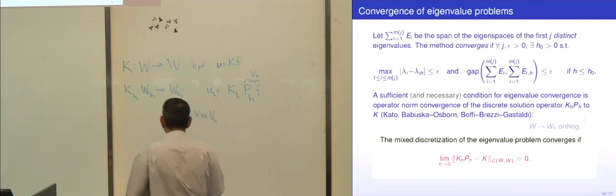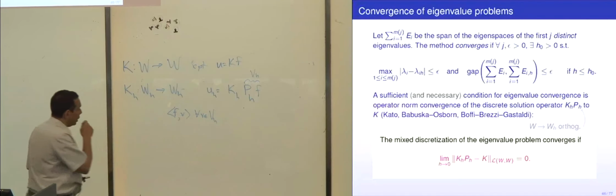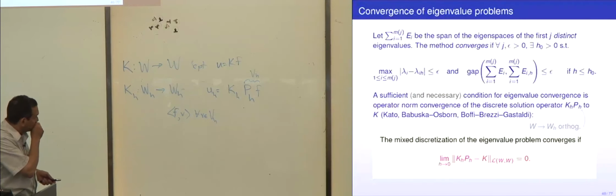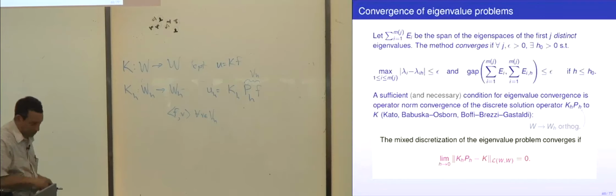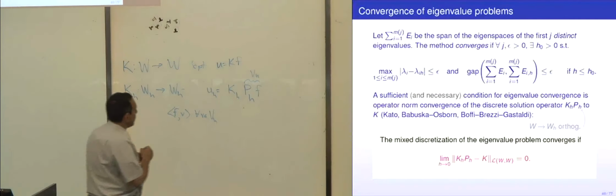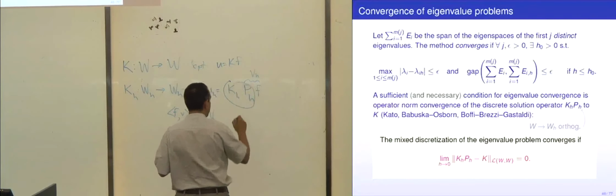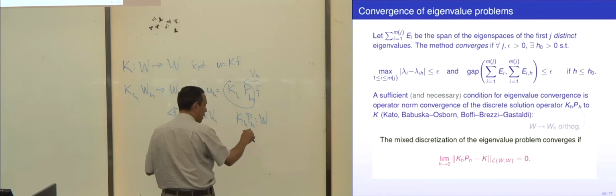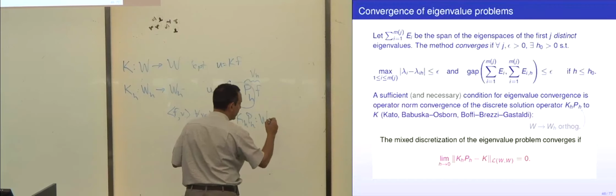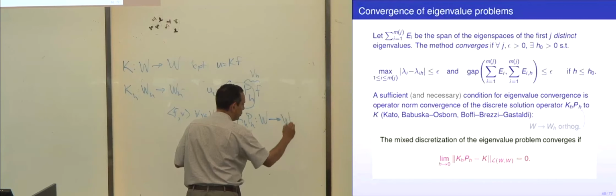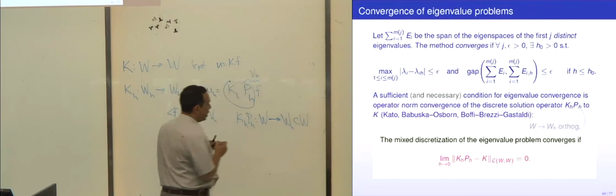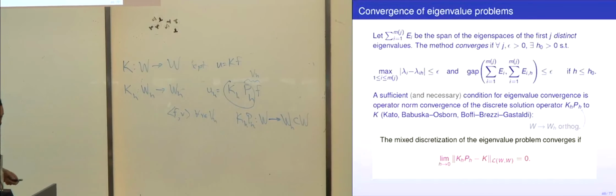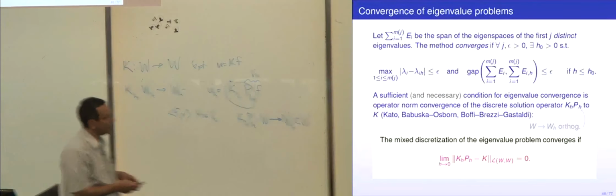Okay, so we have these two operators. And so this operator here, K_h P_h, of course, goes from all of W, puts it into W_h, then solves the finite element system, and gets you to W_h, which is part of W. So they're both linear operators from W to W, and therefore you can compare them and take the norm.